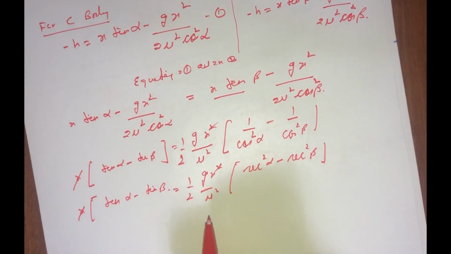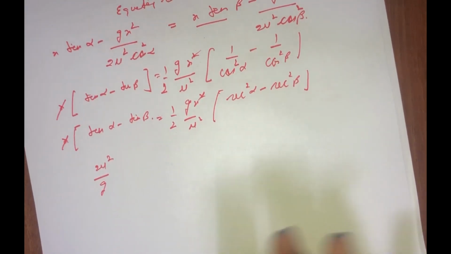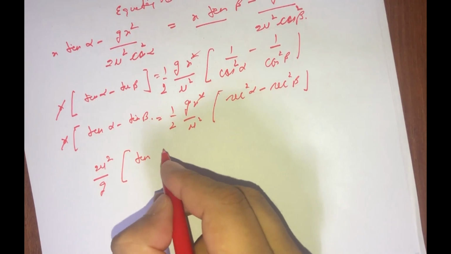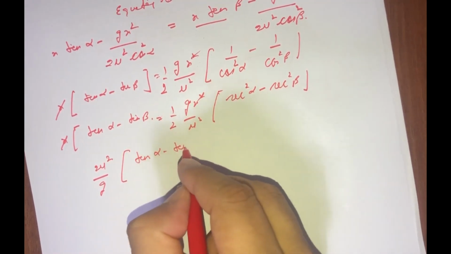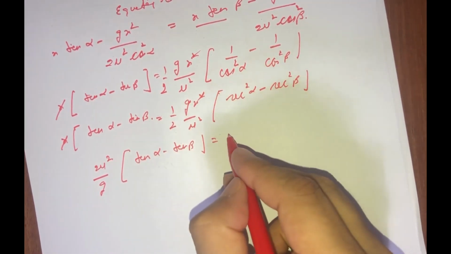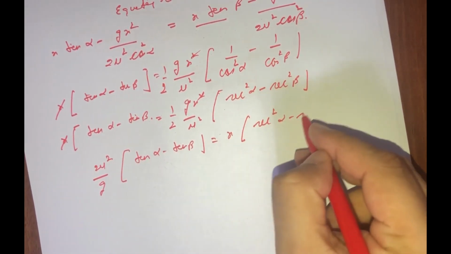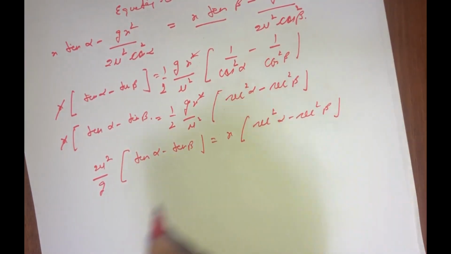From here, 2u square by g multiplied by tan alpha minus tan beta equals x multiplied by secant square alpha minus secant square beta.